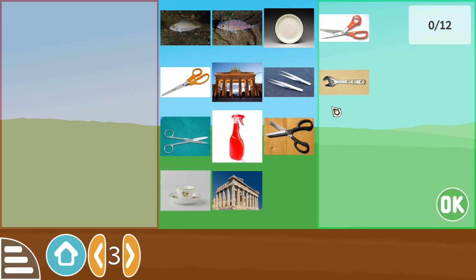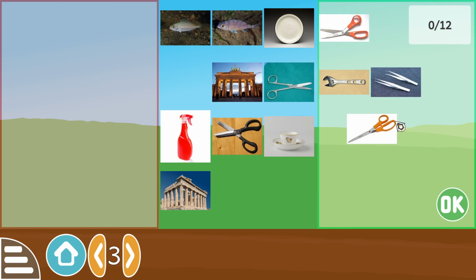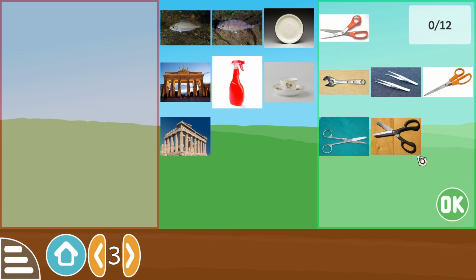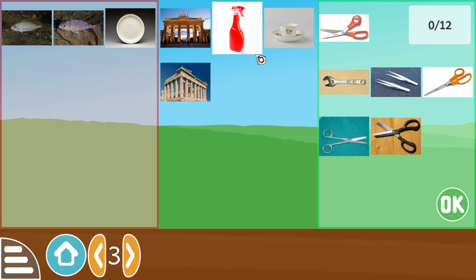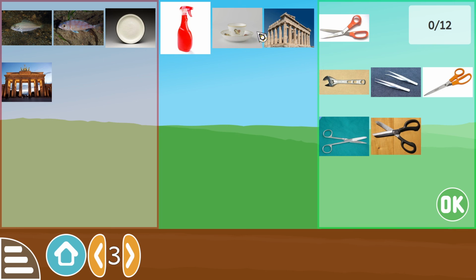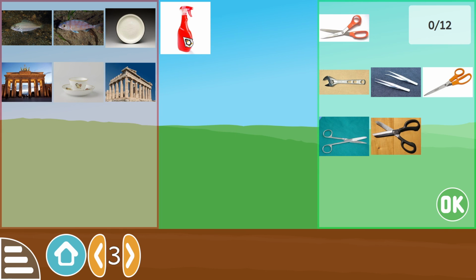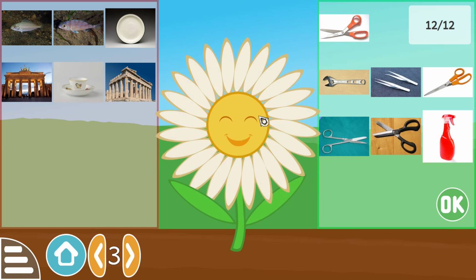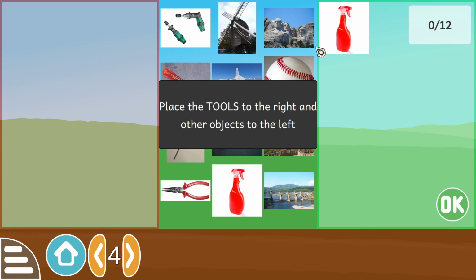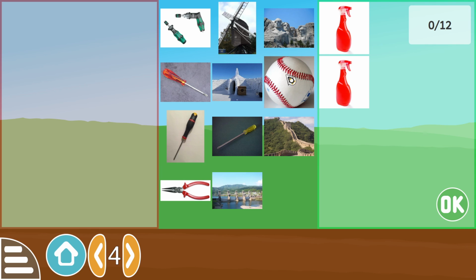So adjustable spanner, tweezers, scissors, I'm going to say are all tools. But fish, plate, get the feeling it might say the cleaning is a tool. The sprayer, okay, let's say the sprayer is a tool. Yep, we're certainly classifying it as a tool here.